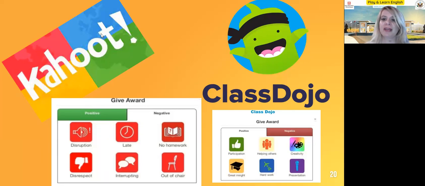Your students may receive some rewards based on what they do as positive or rewarding, such as, for example, handing in assignments on time, making a presentation, a good performance, and receiving some badges for that. Or there might be some unwanted behavior, such as interrupting, no homework or whatever.